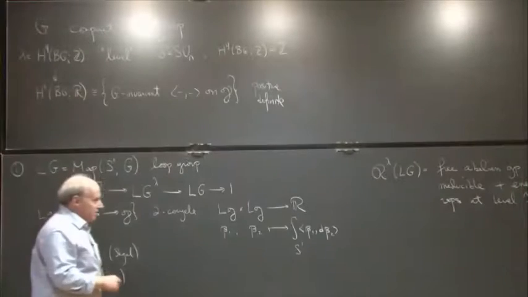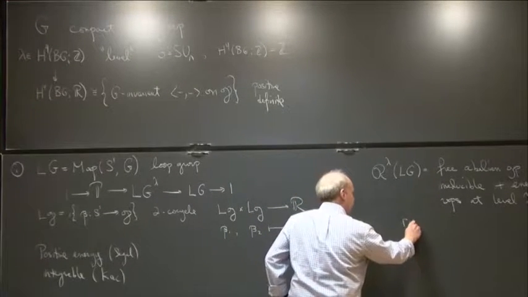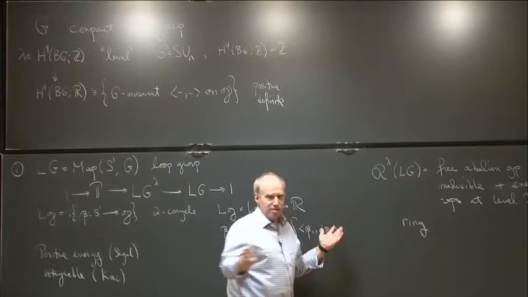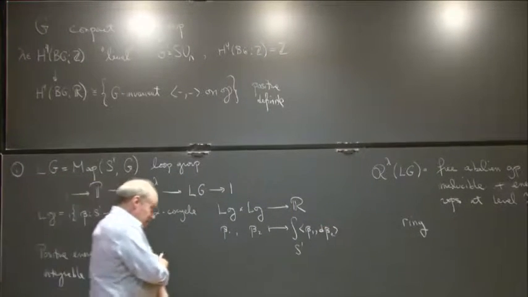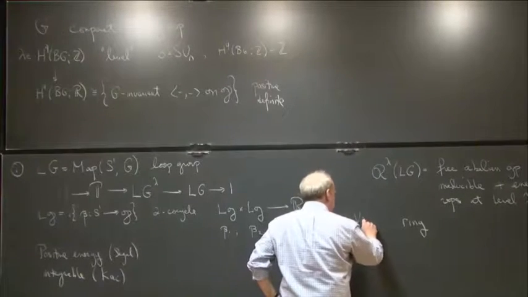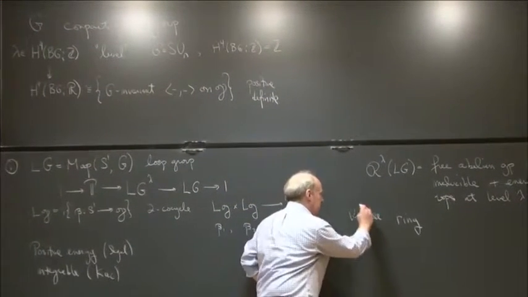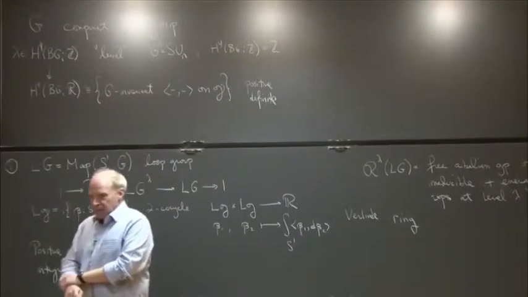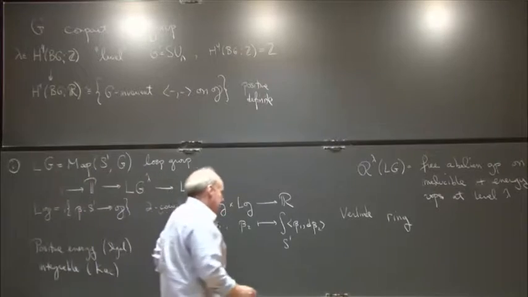Now, one of the nice discoveries at the end of the 80s is that this is actually a ring. This is a free abelian group, Z to the n for some n, but it actually has a ring structure. That ring structure is named after the physicist Erik Verlinde because it came as part of a story in conformal field theory.